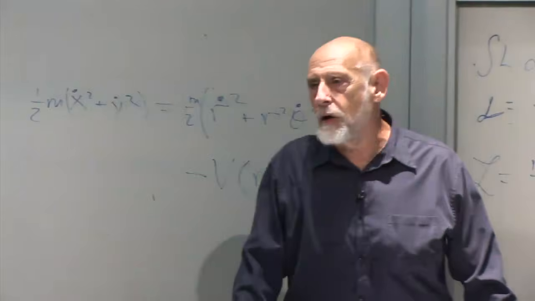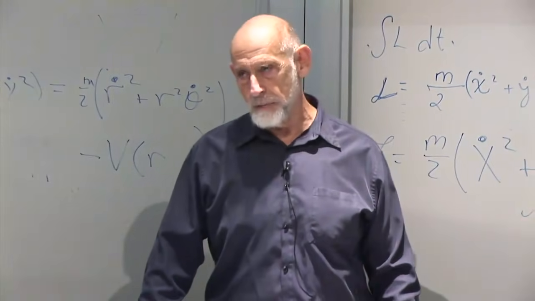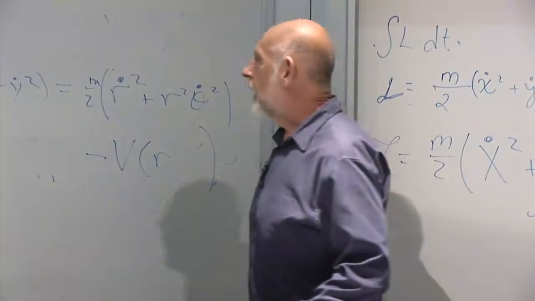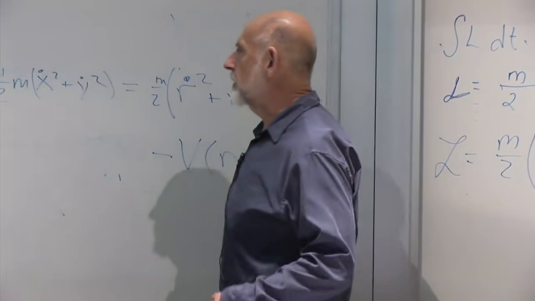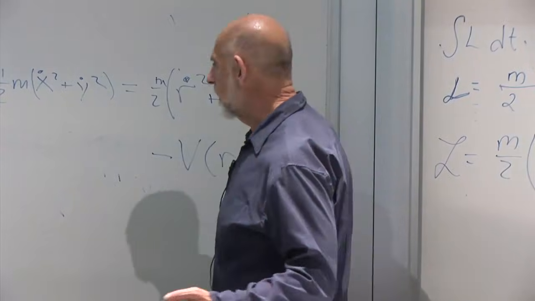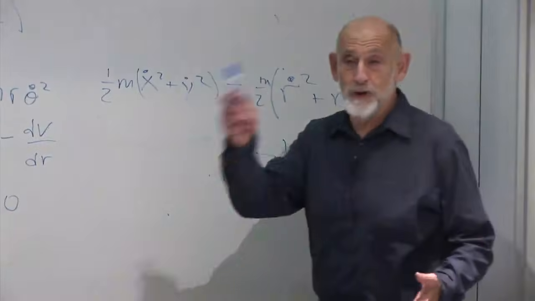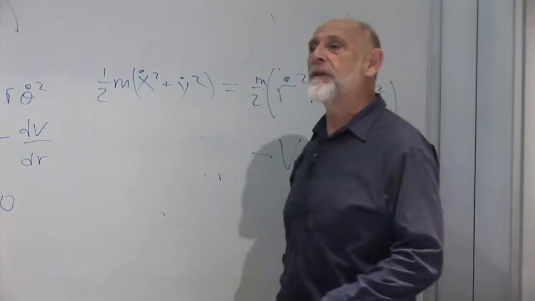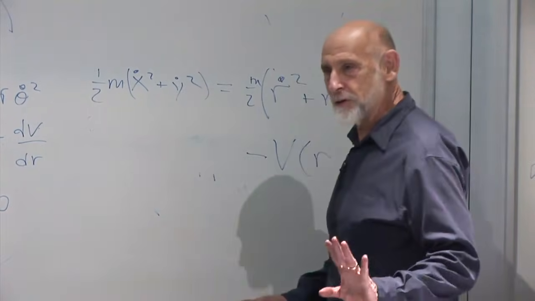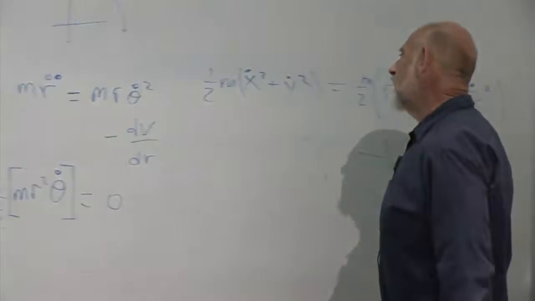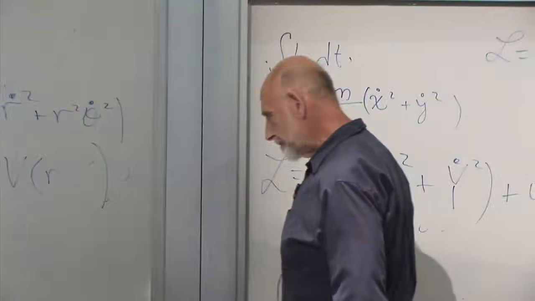They're called cyclic coordinates, and there's nothing cyclic about them. Absolutely nothing cyclic about them. They're called cyclic coordinates if they don't appear directly in the Lagrangian. And theta is a cyclic coordinate. Now, of course, theta happens to be cyclic. It's an angle. But you can have all kinds of coordinates that aren't angles that can be cyclic. Okay. It's a bad name, but it is the name that goes with them.